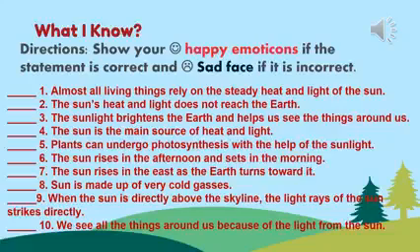Number 9, when the sun is directly above the skyline, the light rays of the sun strikes directly. Number 10, we see all the things around us because of the light from the sun.